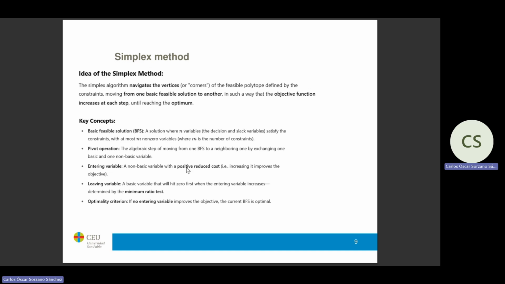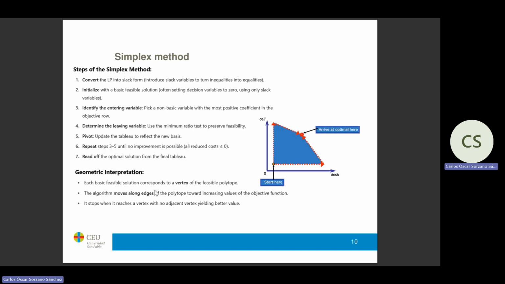And we have to start from some feasible solution. So you start with something that is feasible, in one of the corners, and then you start moving. All this we will see along the example.